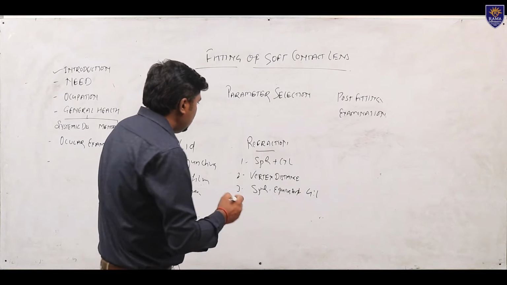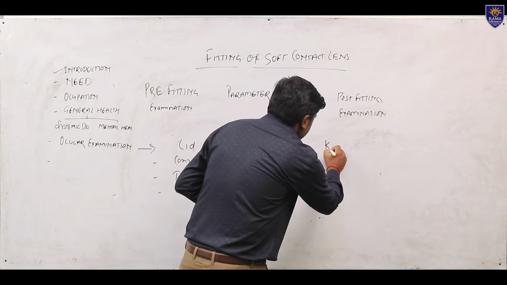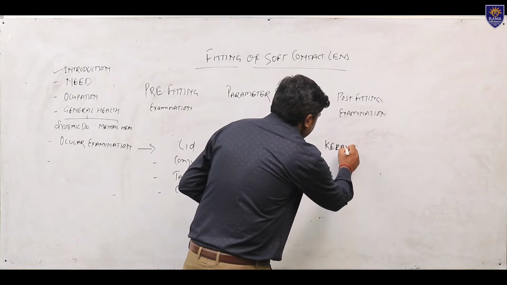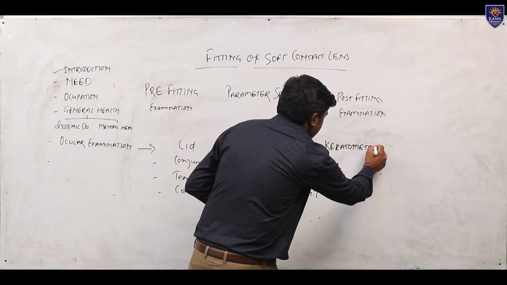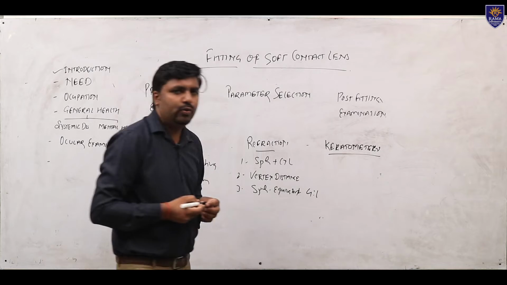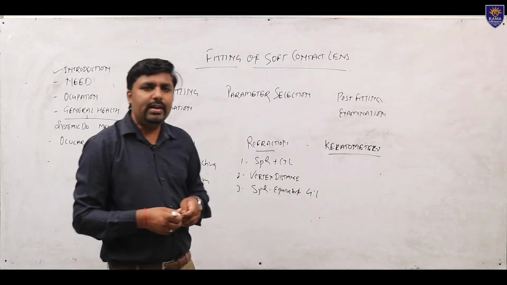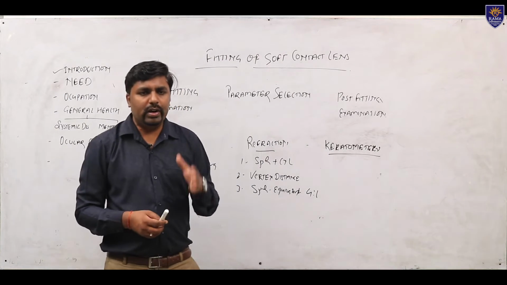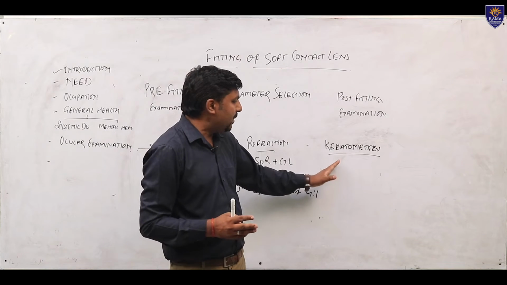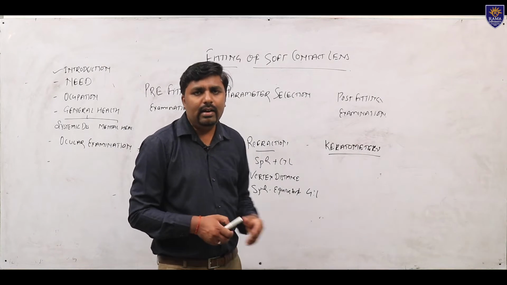Then we will do the keratometry. In keratometry, you have to measure the curvature of the cornea in both meridians, vertical and horizontal, separately for the right eye and left eye.